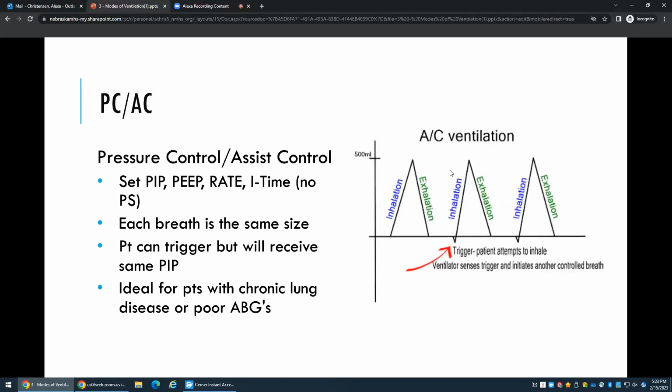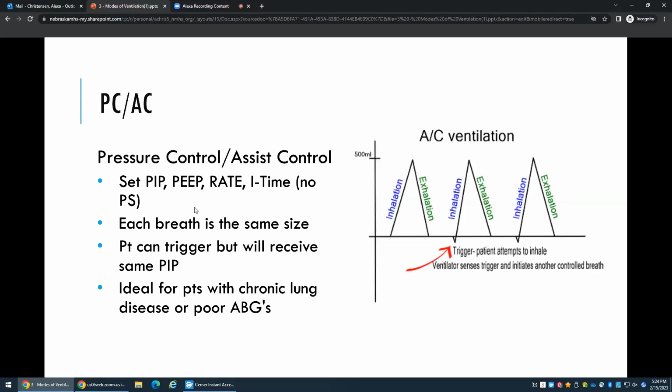PCAC. What does this one mean? It's very similar to SIMV, but remember when I said in SIMV that the patient's spontaneous breaths will be smaller in size than the ventilator breaths? All these breaths in PCAC are the same size. So we're going to set a PIP, a PEEP, a rate, and an I time, no pressure support.